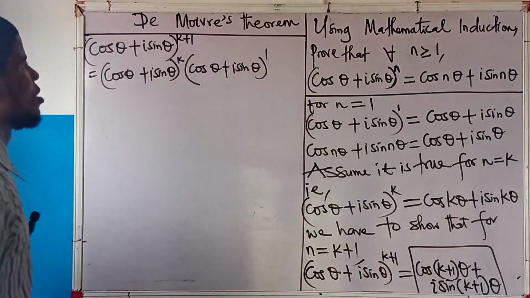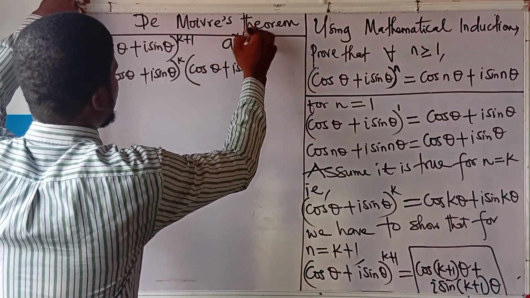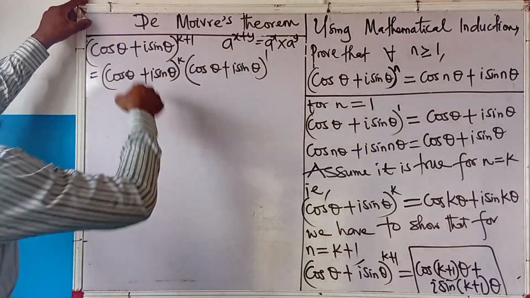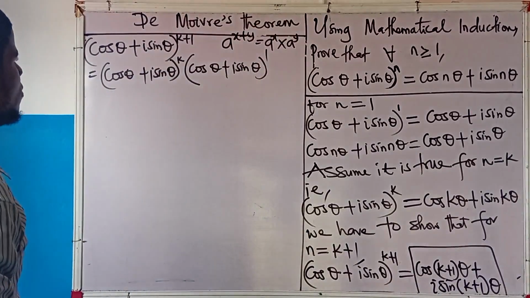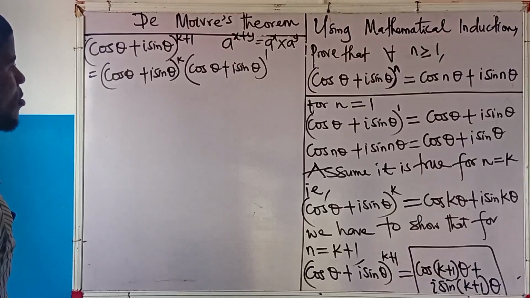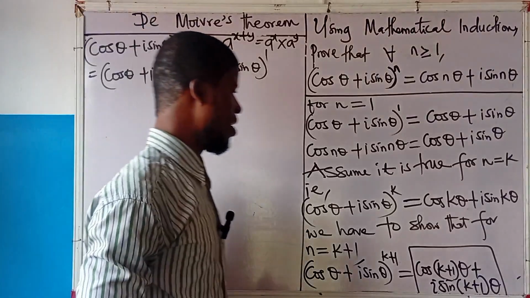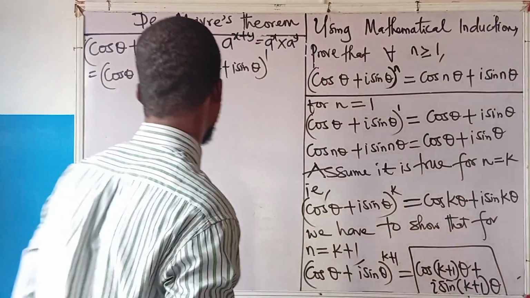I think that's what the law of indices states, that if you have a raised to power x plus y, it is a^x times a^y. That's what I just applied here. Now, from the second step, the assumption is that for n equal to k, it is equal to cos k theta plus i sin k theta, right?